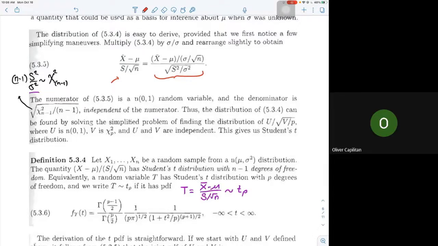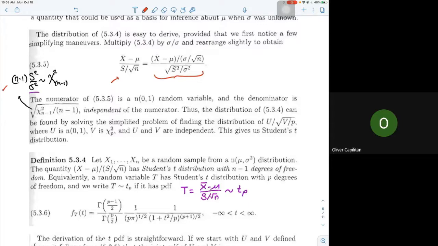From here, we already know that it has a chi-square distribution with n minus 1 degrees of freedom. Therefore, the square root of s square over sigma square will have the distribution of the square root of a chi-square with n minus 1 degrees of freedom over n minus 1.